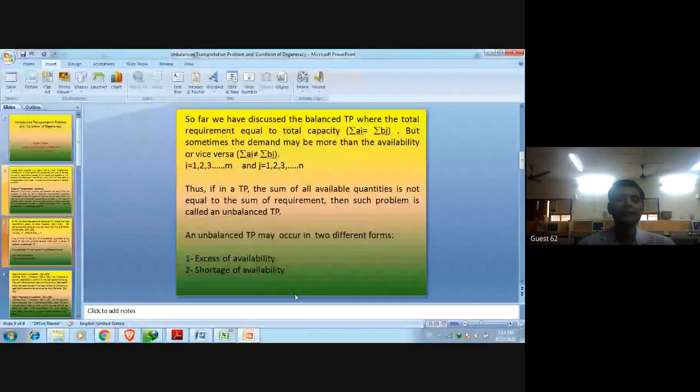Similarly, you can say excess of requirement or shortage of requirement. Both statements are the same. Excess of availability means shortage of requirement, and shortage of availability means excess of requirement.